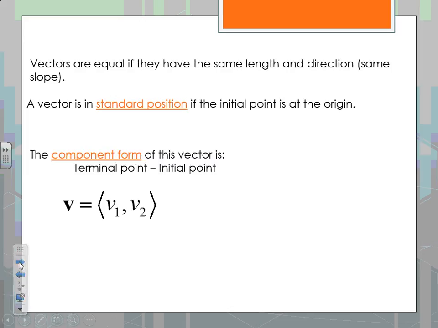If our vector is not in standard position, then we take terminal minus initial to get the components of our vector. Notice how that v is bolded? That's because it's a vector. V for vector. And if it's in component form, you have those chevrons instead of parentheses for coordinates.